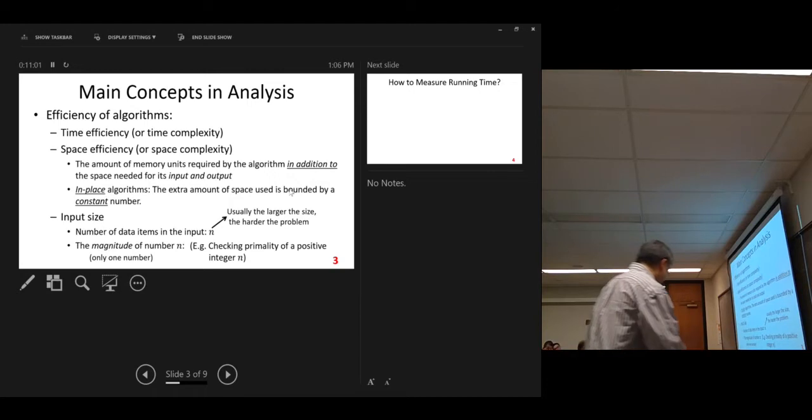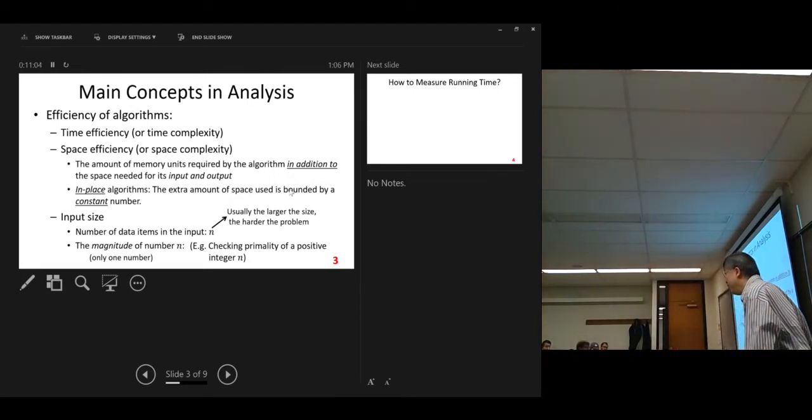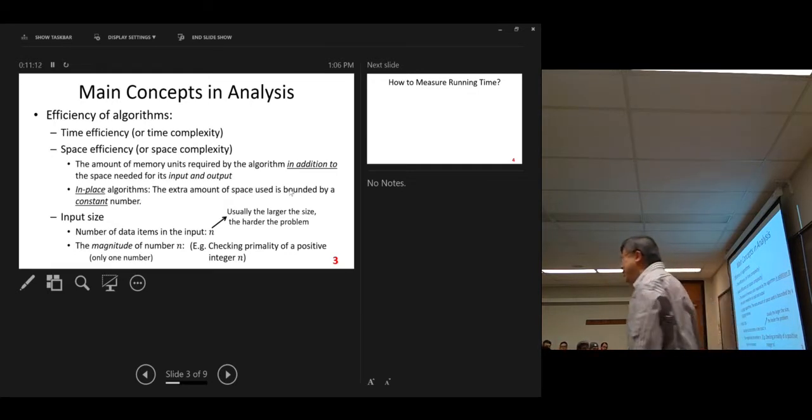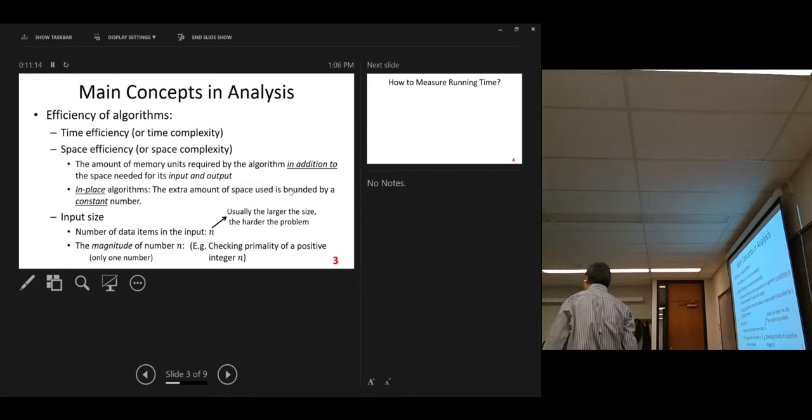Do you know a little bit about that? Checking primality is really hard. Do you know, there is an encryption algorithm called RSA.